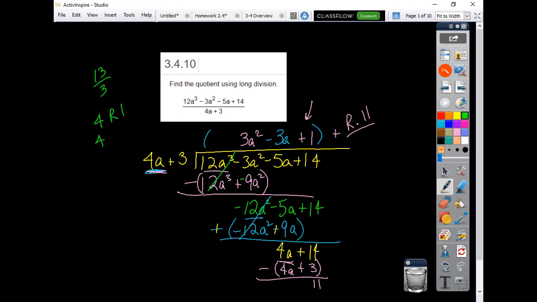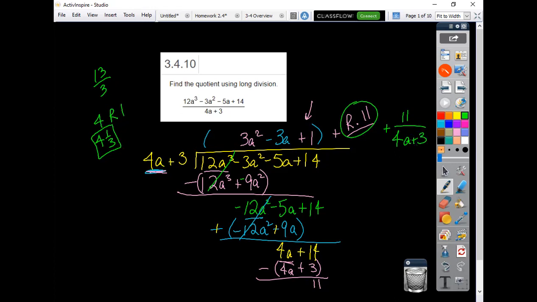And that can be written as 4 and then the remainder of 1 divided by your divisor, 1/3, for your answer. So over here, this remainder could be added on to the end as 11 over my divisor out here, 4a plus 3.